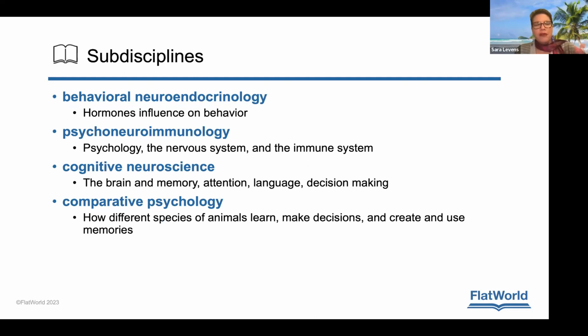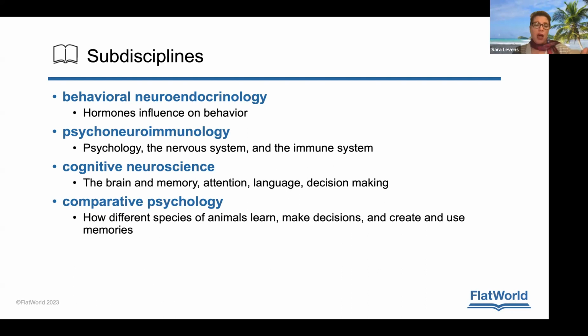And then we're also going to see behavioral neuroendocrinology, looking at hormones, and psychoneuroimmunology, looking at psychology of the nervous system and the immune system, because there are actually huge psychological effects of emotion and stress on the immune system. Some of these effects are through hormones, and having excessive stress or imbalances of certain hormones can really affect the immune system, which can increase your chances of getting a number of really debilitating diseases such as type 2 diabetes.